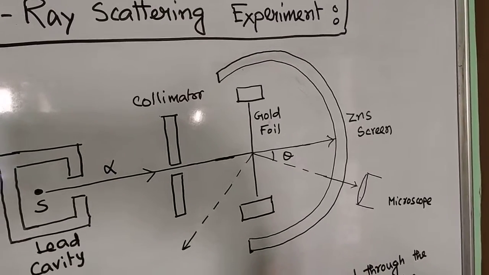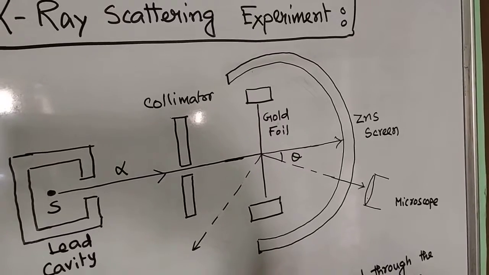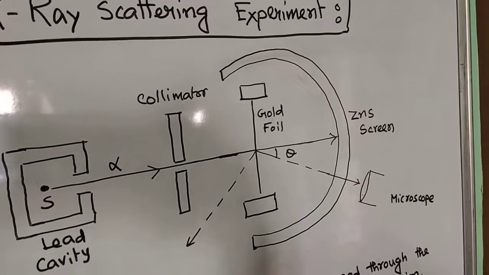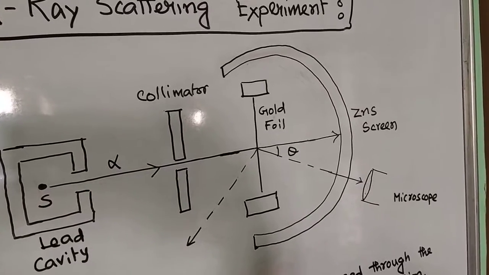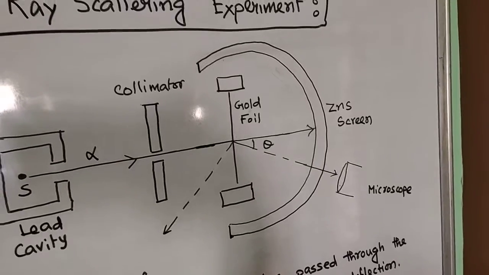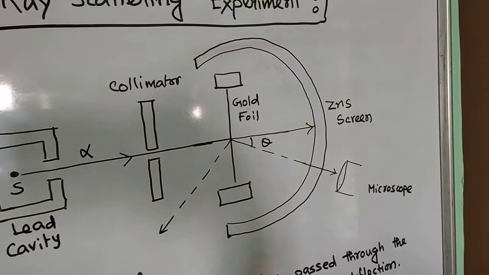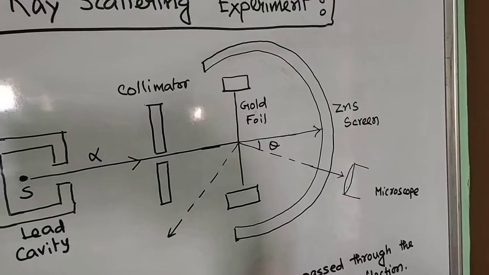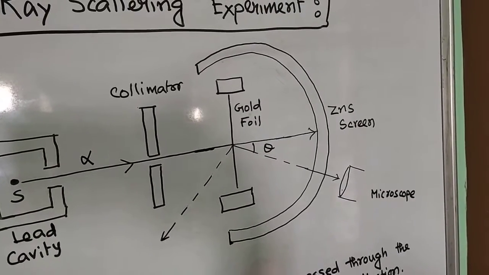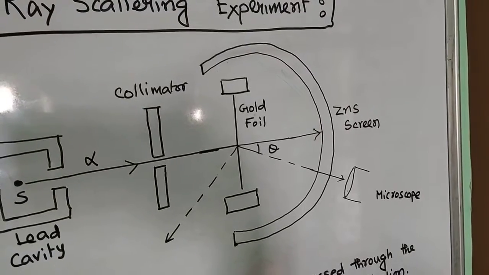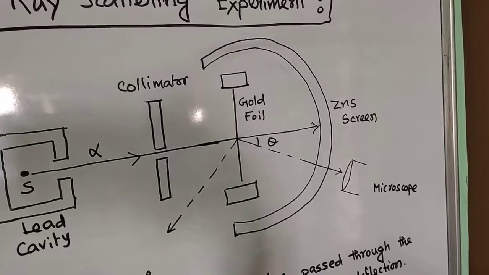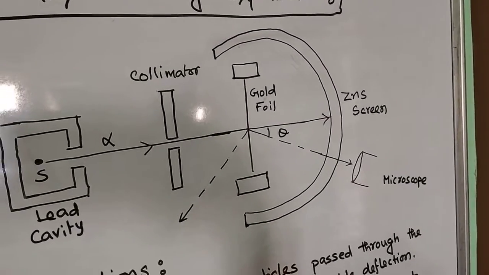There are a large number of rays that move out from the source, but for simplicity of the diagram we are not going to show that number of rays. Only a single ray we are considering, and the rest of the possibilities we have shown by the dotted lines. So some alpha rays move by an angle theta, some alpha rays come back, and some alpha rays even suffer 180-degree deflection.